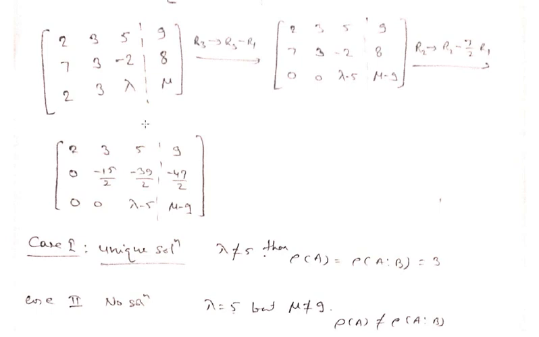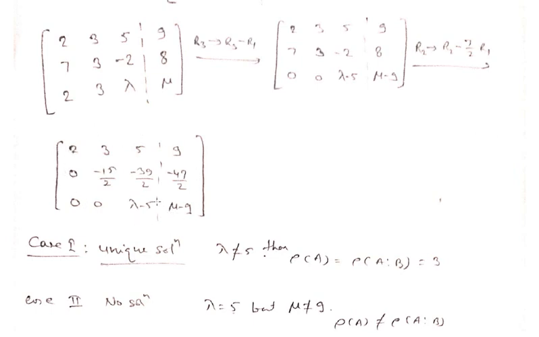And now for the rank of the augmented matrix, which is also 3, the condition based on these two: if lambda is not equal to 5, it does not depend on the value of mu. If mu is 9, it makes no difference. The rank of the augmented matrix will remain 3, and if mu is not equal to 9, in that case also the rank of the augmented matrix will be 3.